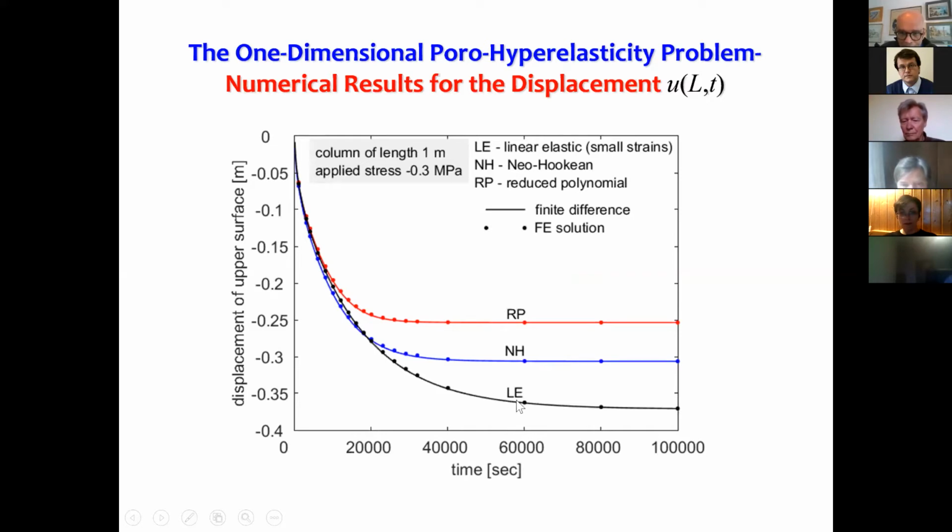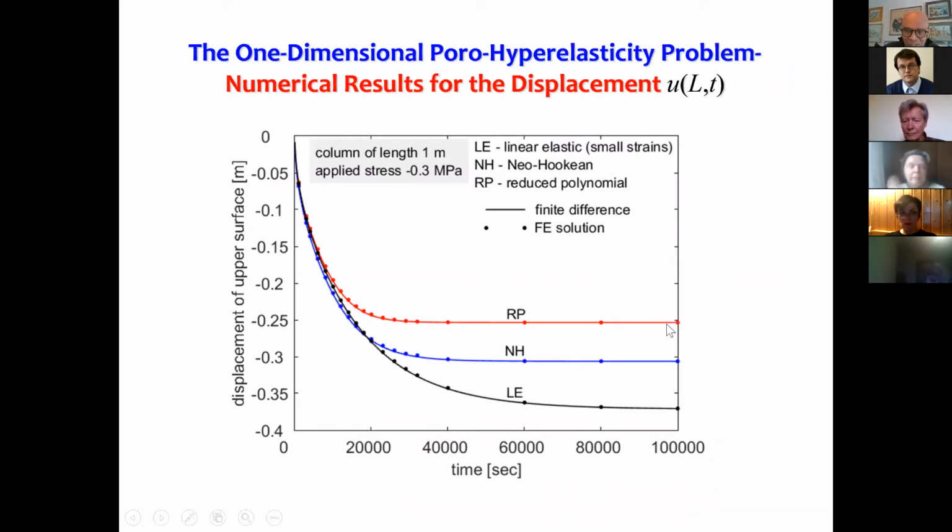And the linear elastic case, as obtained by Gibson, gives us the same results, and we can implement the linear elastic case in the finite element scheme as well. So the important thing to notice is really that all three give different consolidation settlements there.